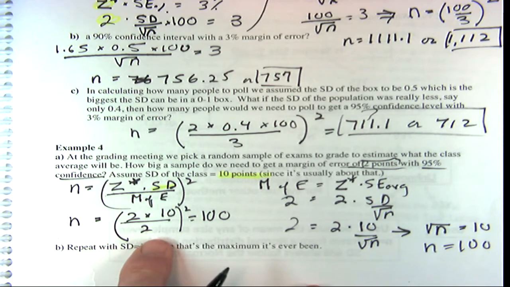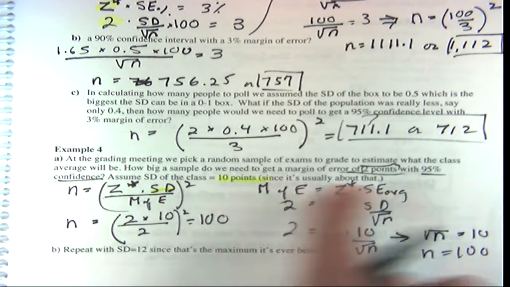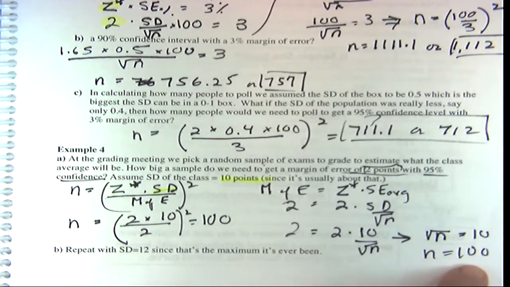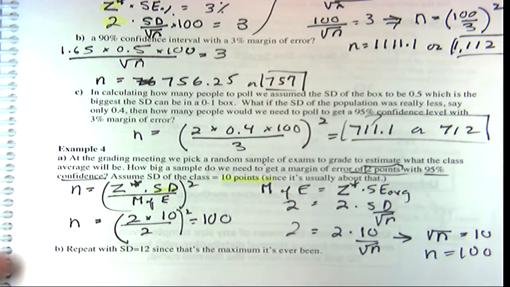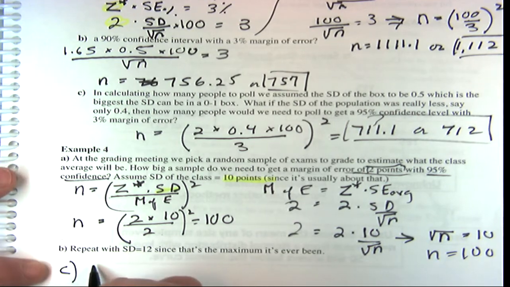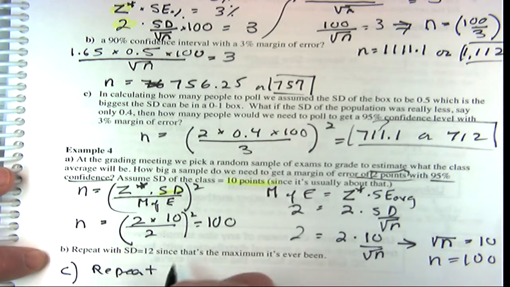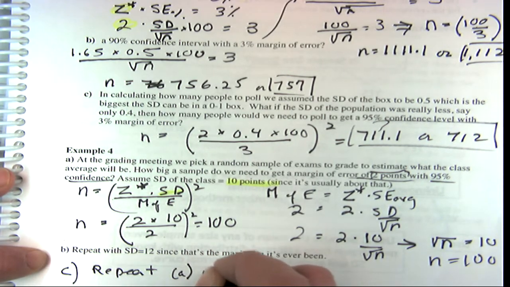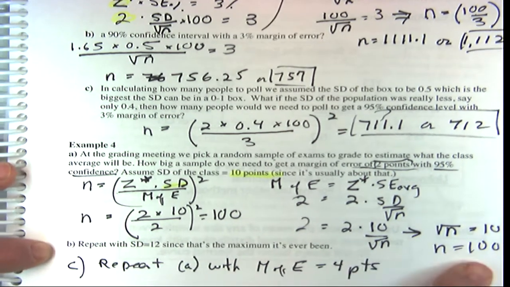This has a lot. What if I wanted to reduce it? That's a lot to grade. So I'd say, what if we were willing to take a margin of error of 4? Instead of doing this one, let's do C instead, because it would come up more. So why don't we say repeat A, and you can do this one on your own if you want, with a margin of error of, let's say, 4 points, because I want to reduce that.